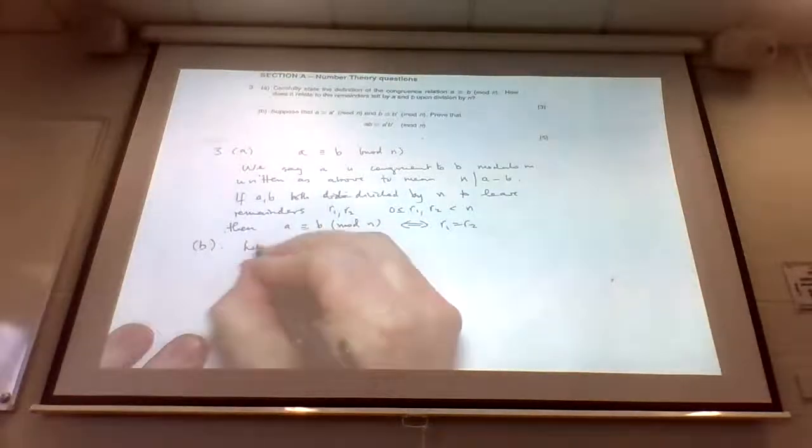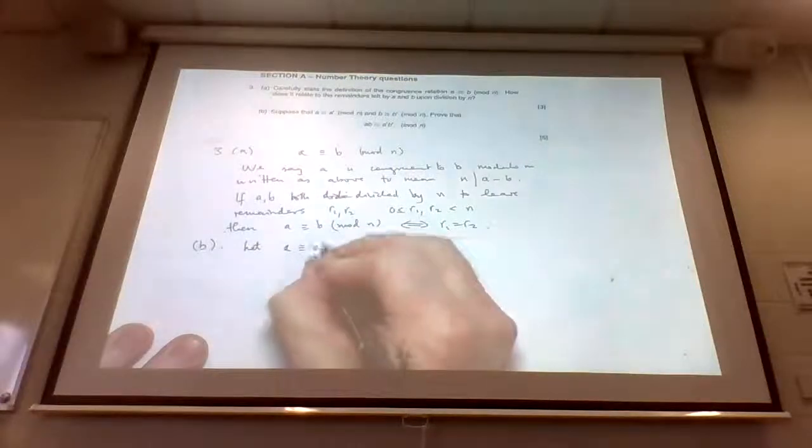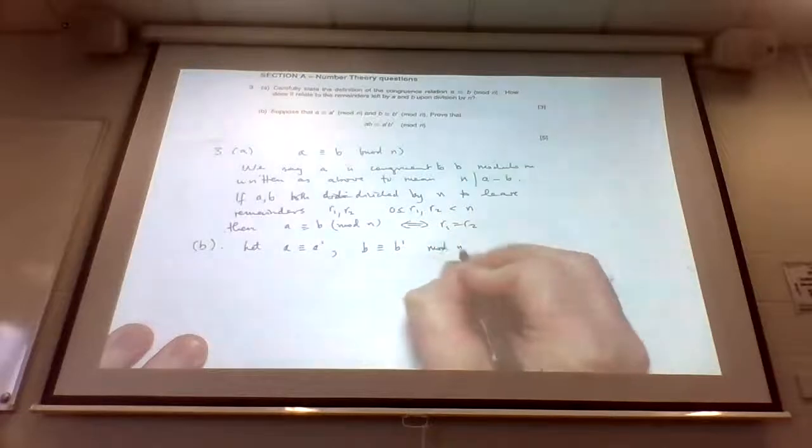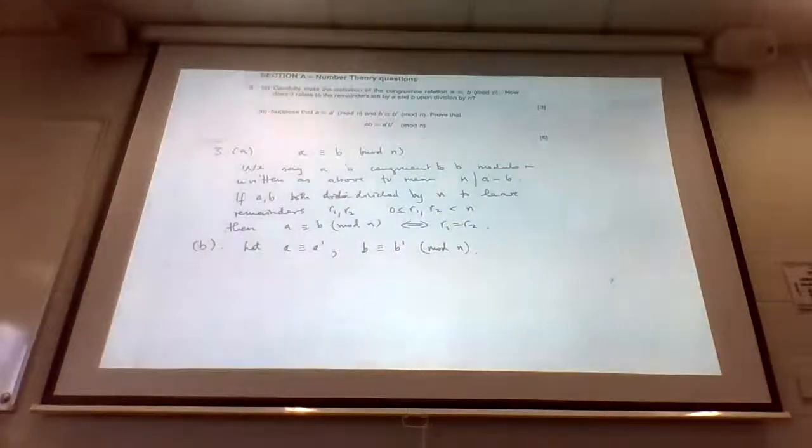Okay, so we let a be congruent to a prime, b be congruent to b prime modulo n. And we want to show that ab is congruent to a prime b prime.